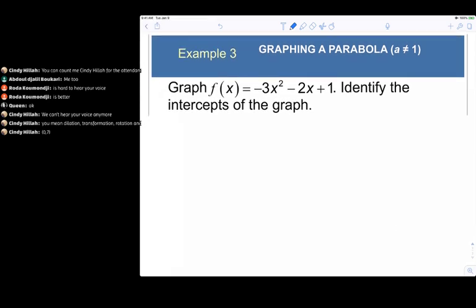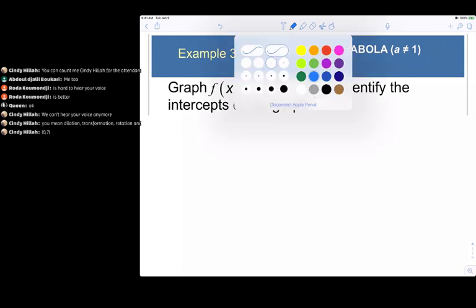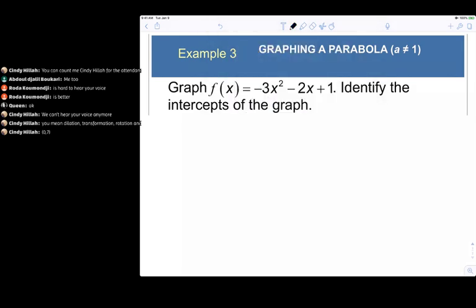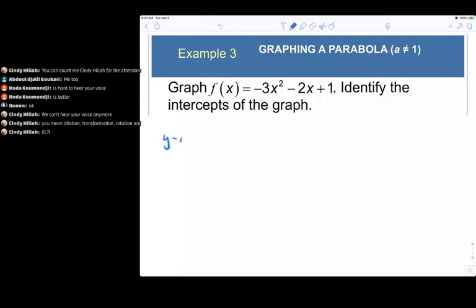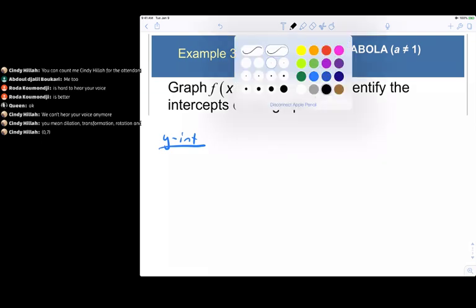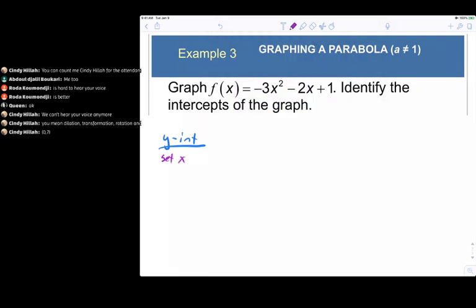So, we're asked to identify the intercepts of this graph. Whenever I'm working intercepts, I definitely recommend starting with the y-intercept first. More often than not, it's easier in my opinion. If we're going to find the y-intercept, what do we do? We set x equal to 0, right?